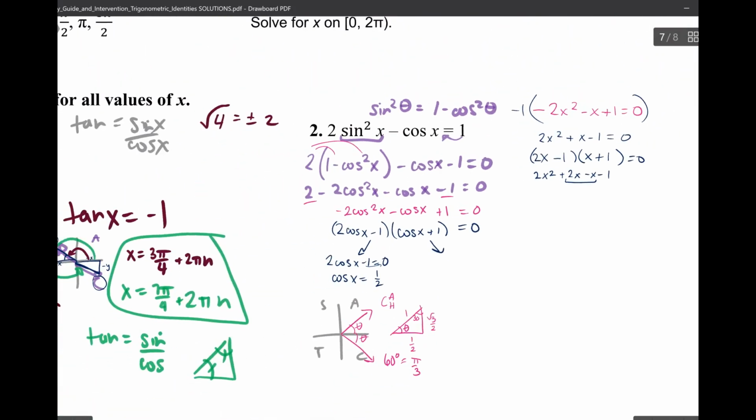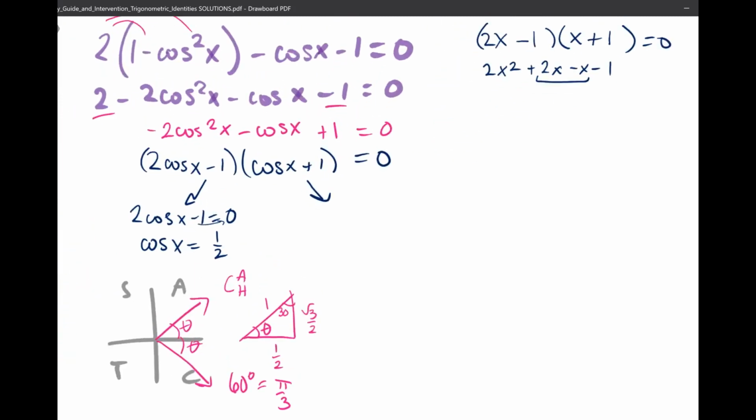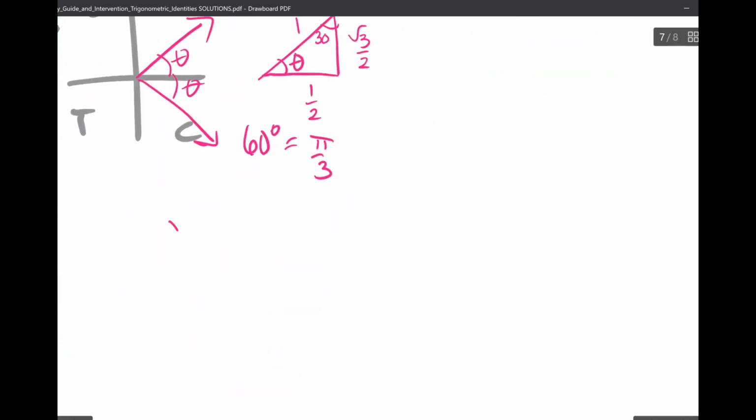Let's see, I have to find for all values of x. All values. Okay, I can do this. So I know x is going to equal pi over 3 plus 2 pi n. The plus 2 pi n takes care of all other values, like however many times I want to go around the circle.